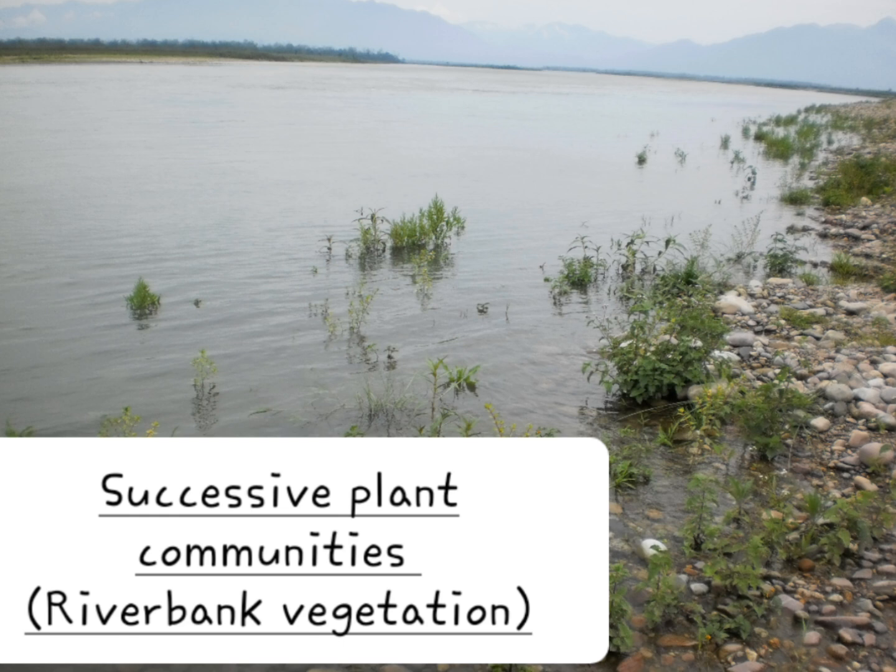The successive plant communities you see here are the riverbank vegetation, usually annuals. Annuals means the plant completes its cycle from seed to seed. Then biennials complete it in 2 years, and then perennials, like trees, are very old.